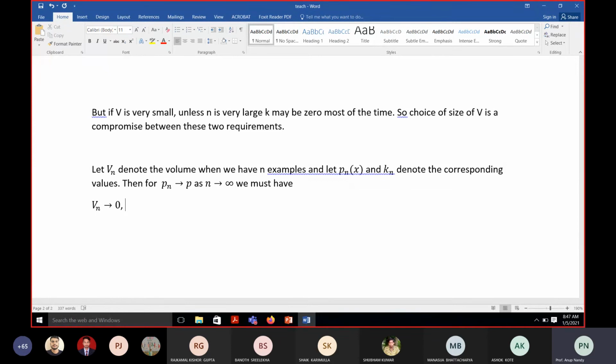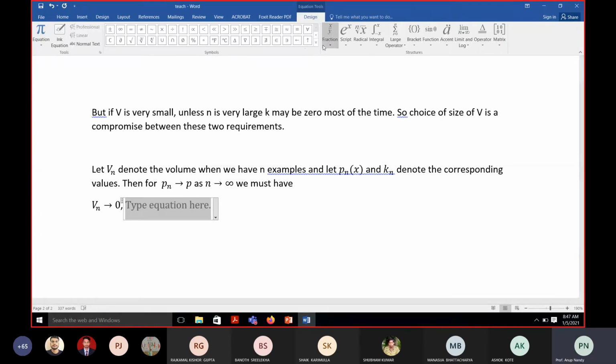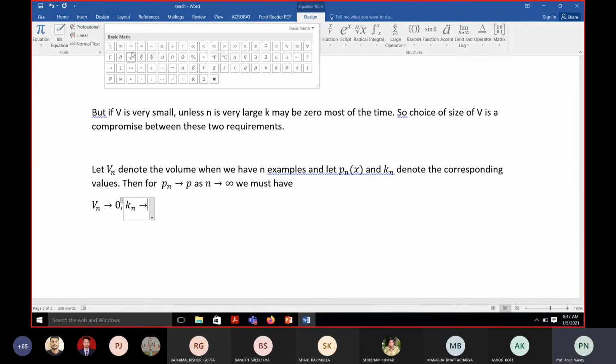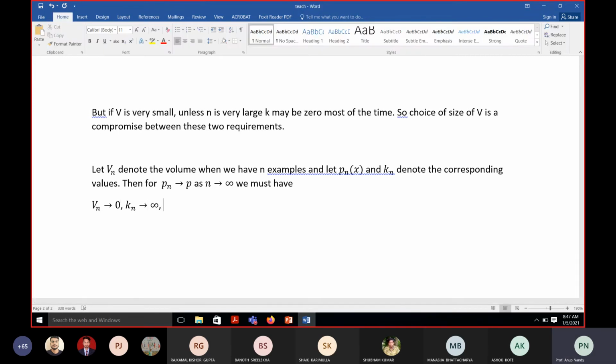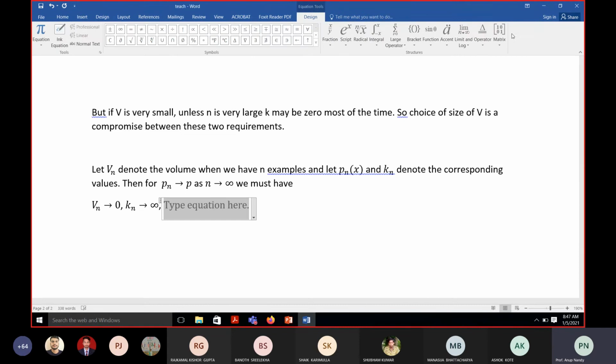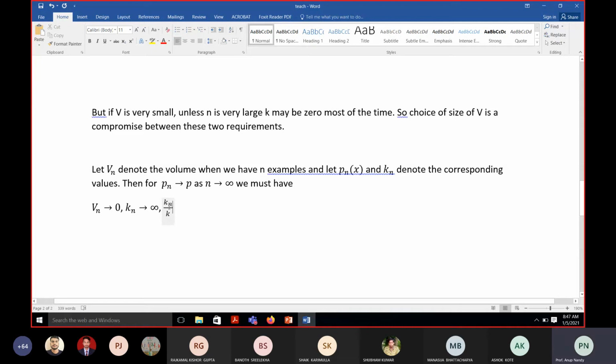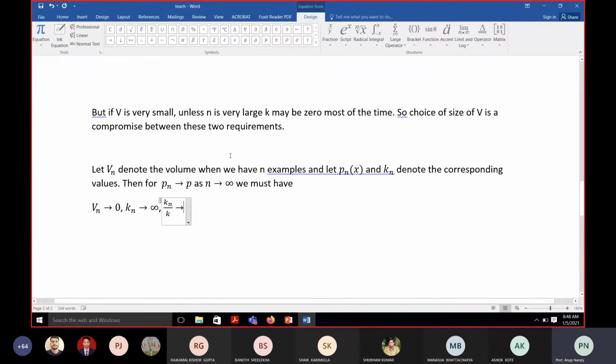And if V_n tends to 0, and if k_n tends to infinity, then what will be the value of k_n by n? It tends to 0.